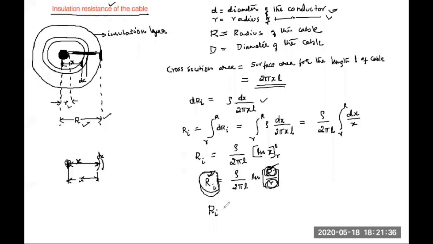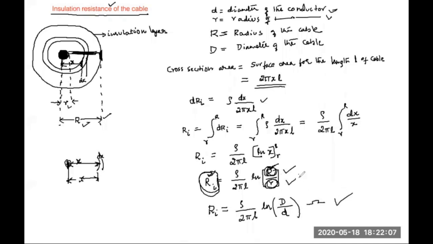Clear? Now the same thing in terms of diameter I can also express. Then it becomes rho divided by 2 pi L into ln of capital D divided by small d. Sometimes they will give the problem in terms of diameter, then you use this formula.